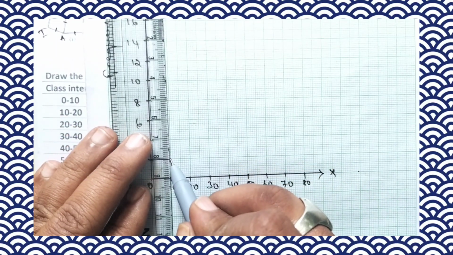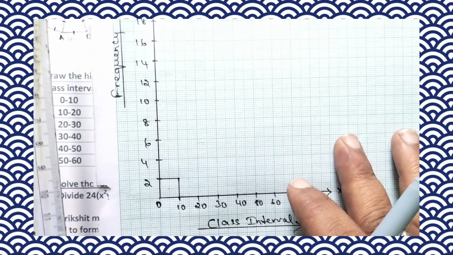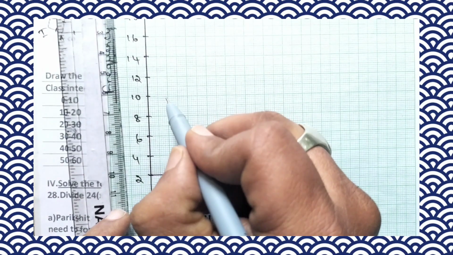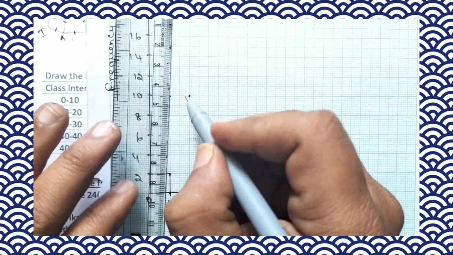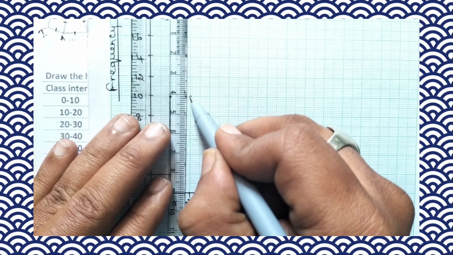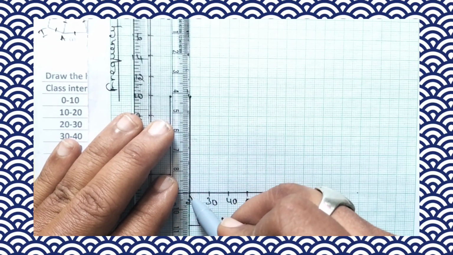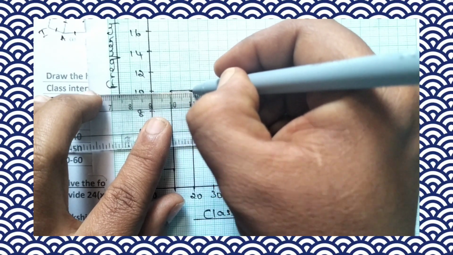So 0 to 10 is 2. Next, 10 to 20 is 10. 10 to 20 is 10.